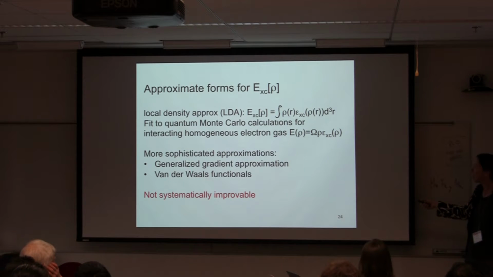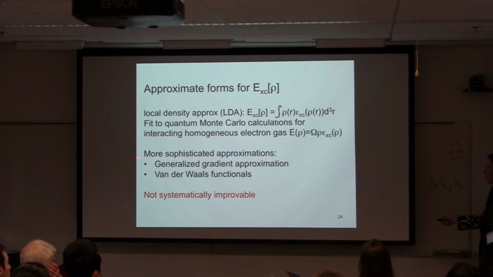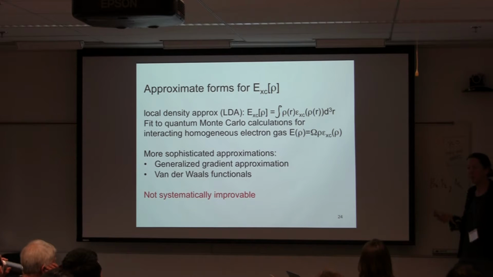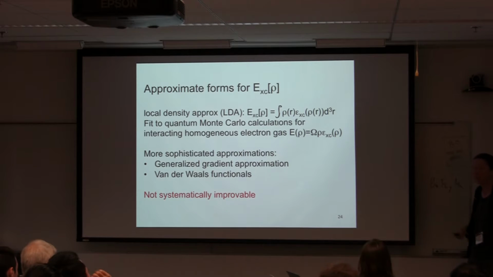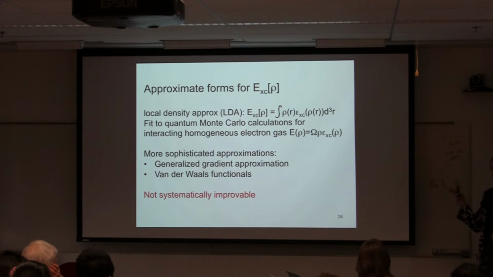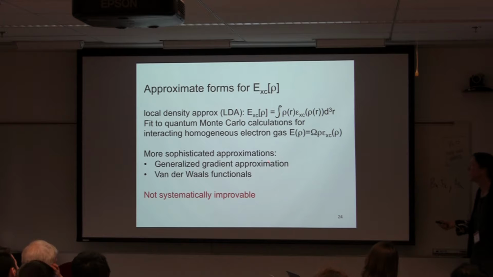People have worked hard to find better approximations to this functional. There you'll see words like generalized gradient approximation, PBE, and things like that. Because of our discussions yesterday about two-dimensional materials, I'll also say that there are functionals that try to do a good job on van der Waals bonding and include those features. But one common feature of these functionals is that they're not really systematically improvable.